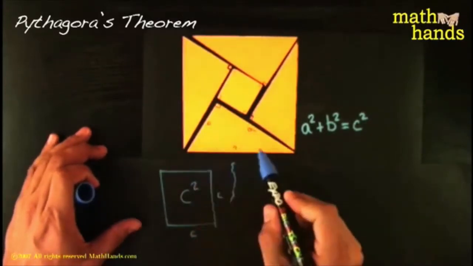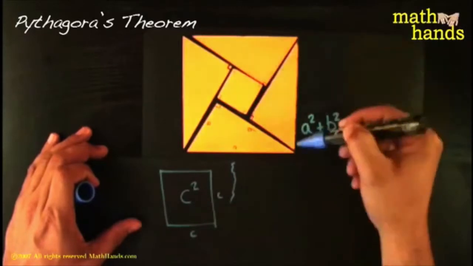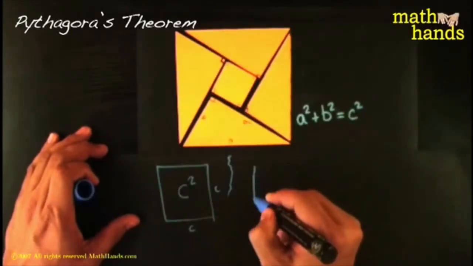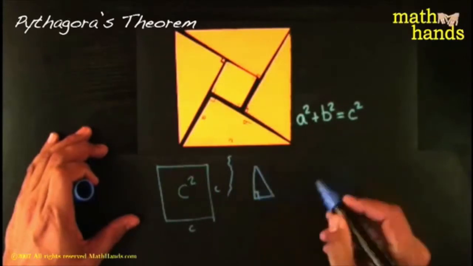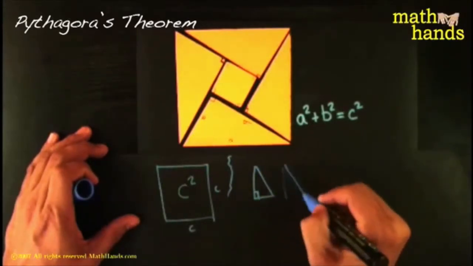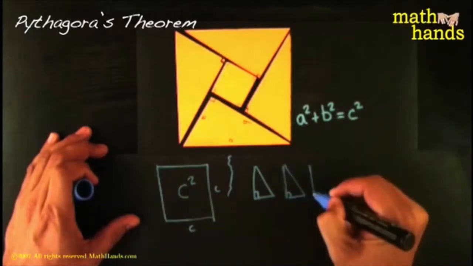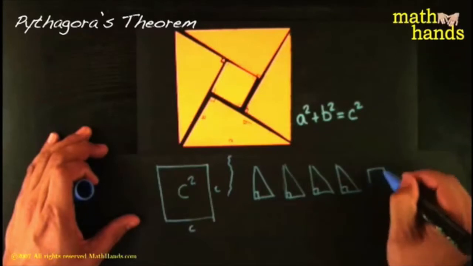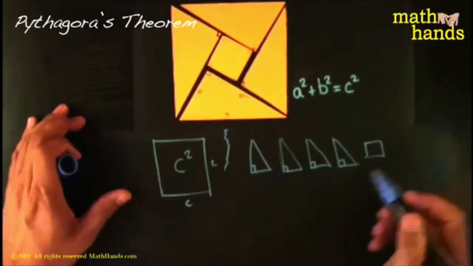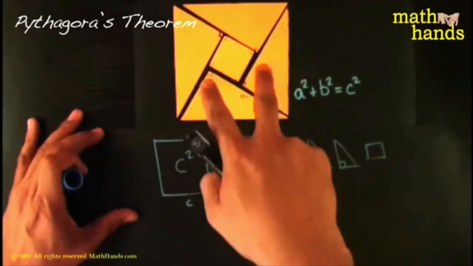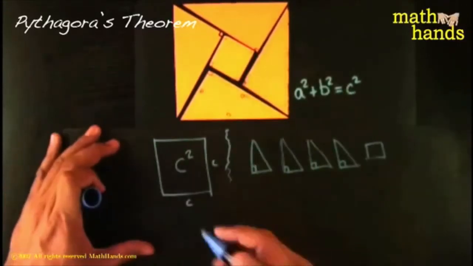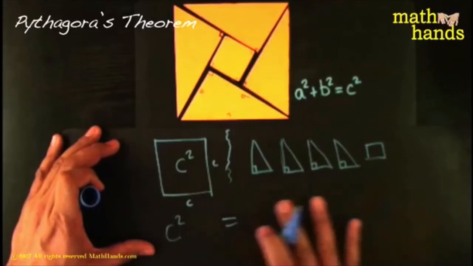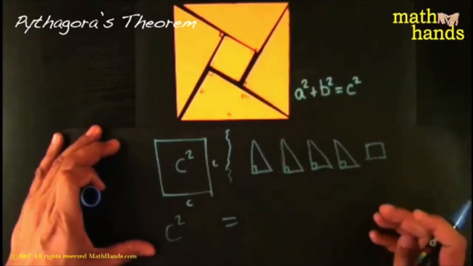That's this side C, this side C, that side C, and this side C. On the other hand, you've got a triangle, and another triangle, and another triangle, and another triangle, and the little piece inside. So the idea is to look at the area of this shape in two different ways. Over here, the area is C squared, but it must be equal to the area on this side because it's exactly the same area, just cut into little pieces.